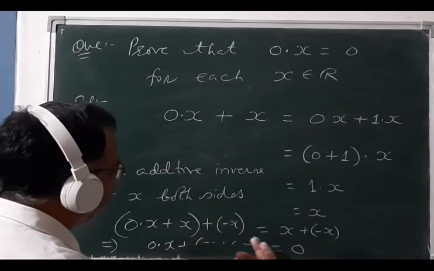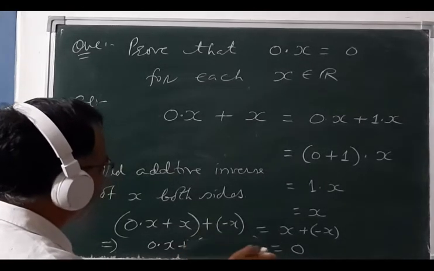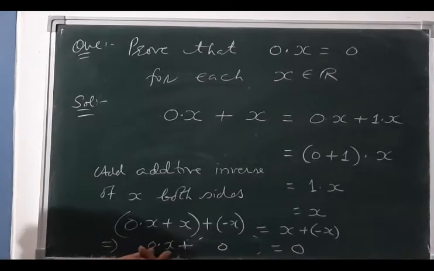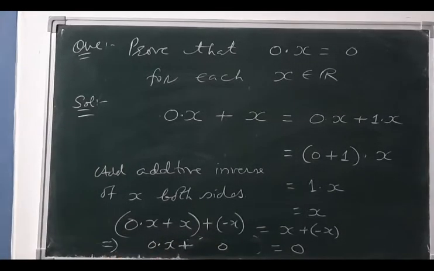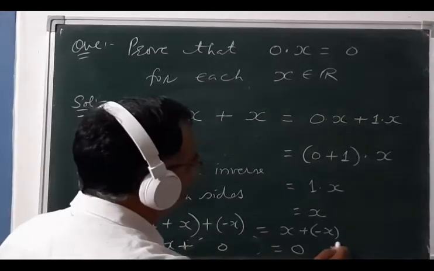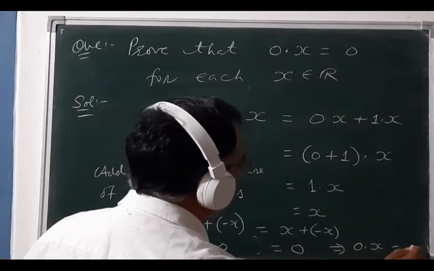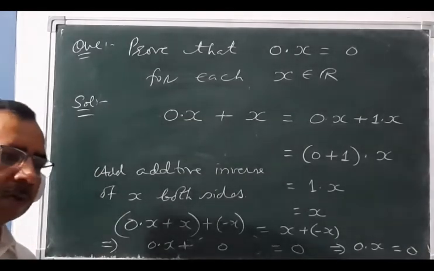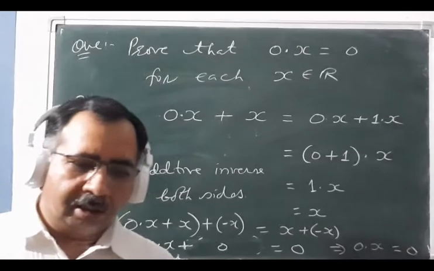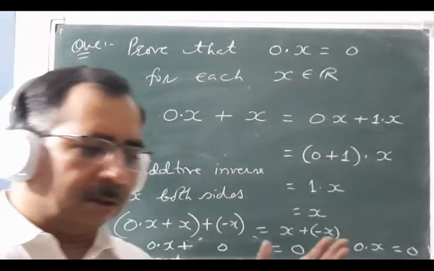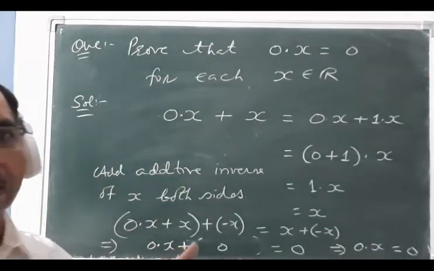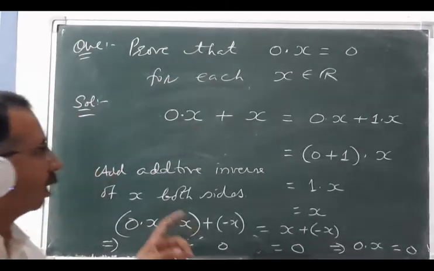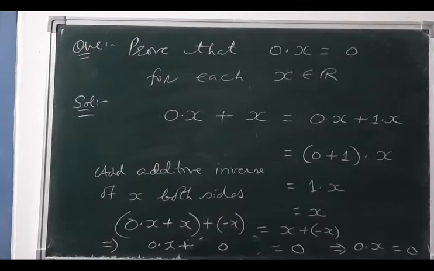So I can write here also 0. 0 plus anything is that same number. So 0 times x is equal to 0. Clearly I have not used anything beyond the axioms which I have described earlier. So by using those axioms only, I have proved that 0 times x is equal to 0.